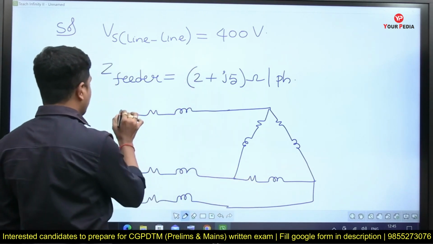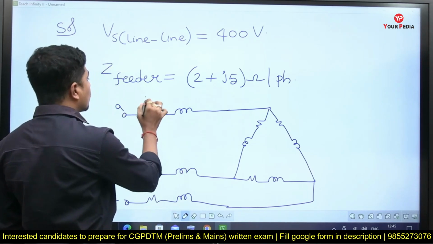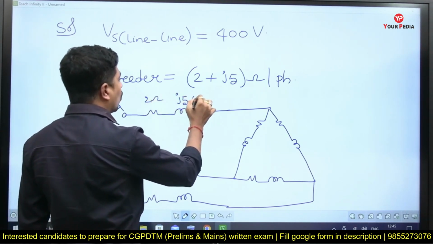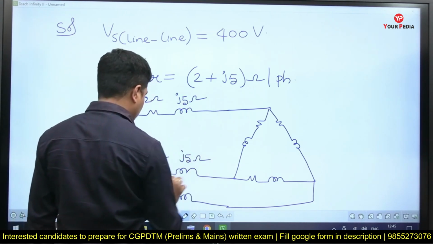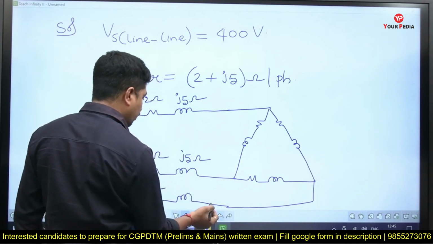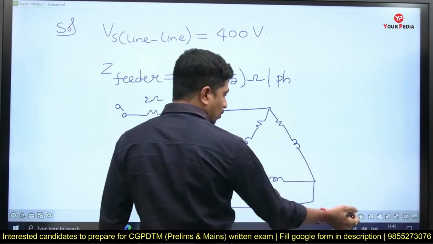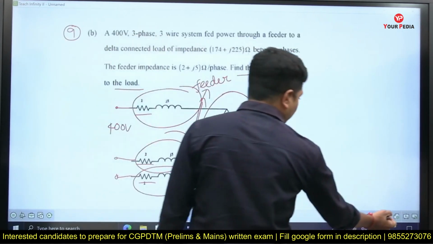So this is phase A, this is phase B, this is phase C. This is 2 ohms, this is J5 ohms, in each of the three feeders. The load impedance is 174 plus J225.